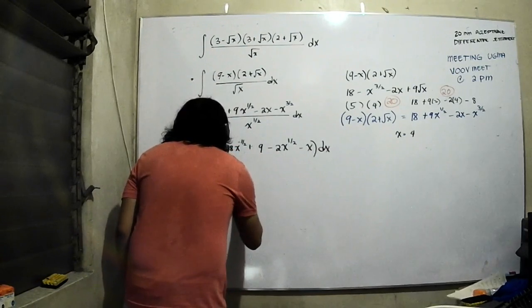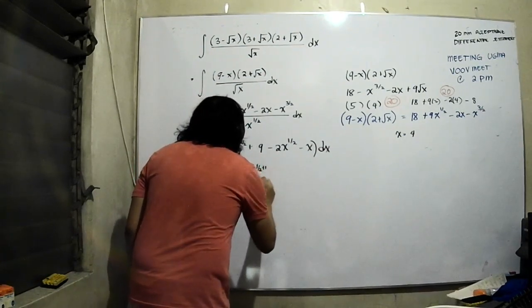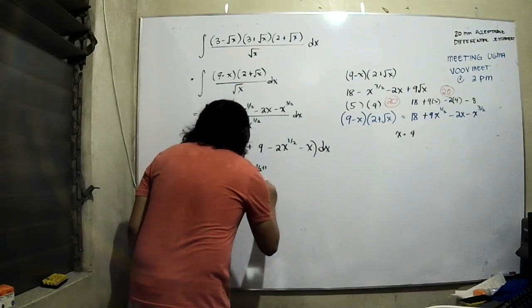Now we have 18 multiplied by x to the power of negative 1 half plus 1, divided by negative 1 half plus 1.